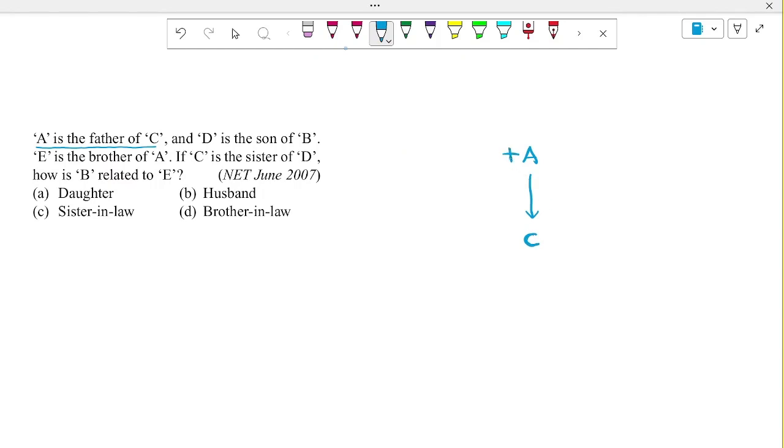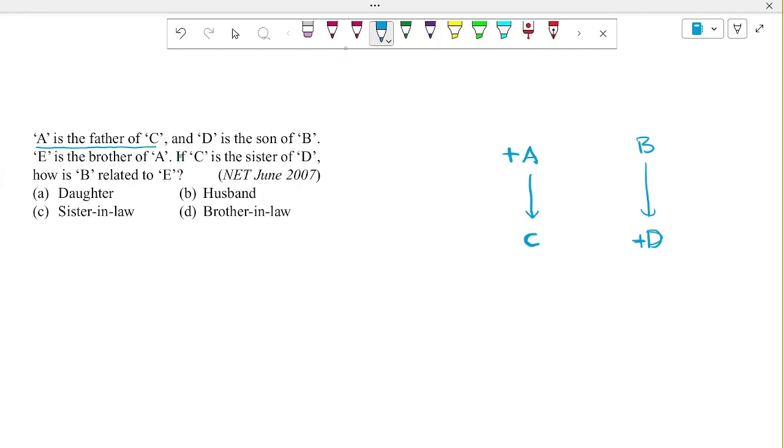Since A is father, I am going to write plus. And D is son of B. You have got D here. D is son of whom? Of B.